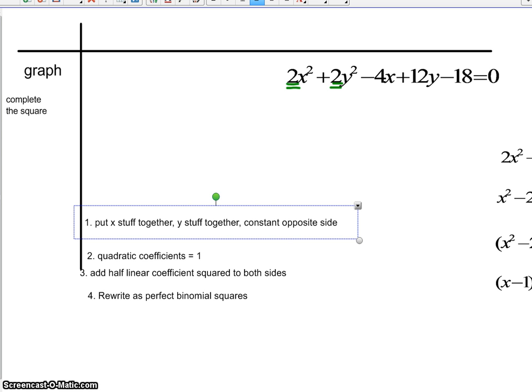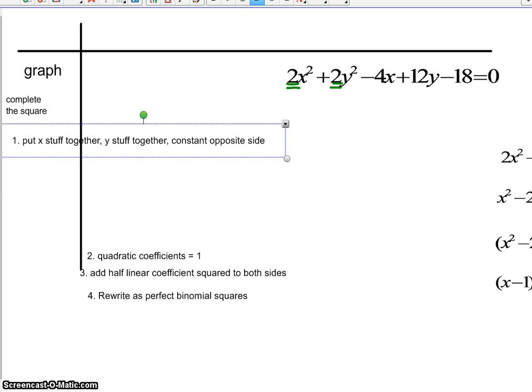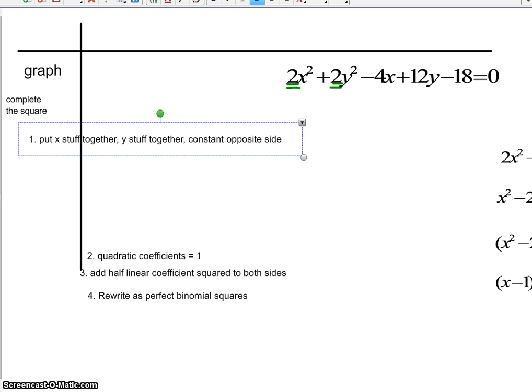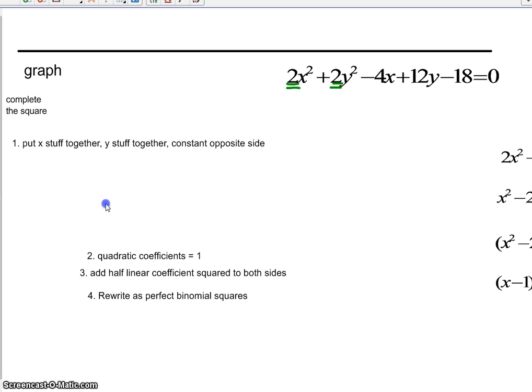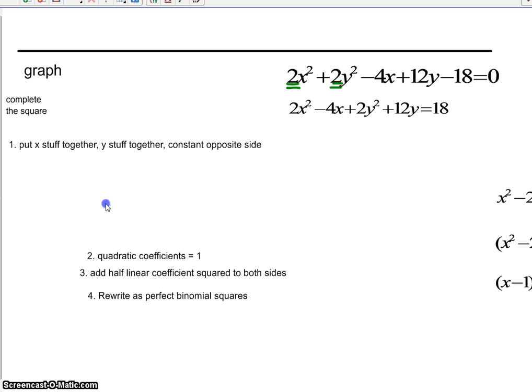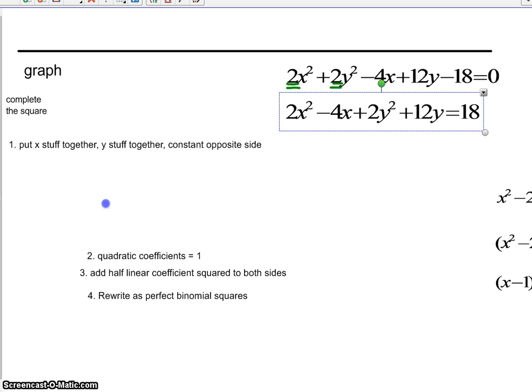Okay, the number one thing we have to do when we complete the square is we need to put our x stuff together, put our y stuff together, and take our constant to the opposite side. So what I did was simply take the 4x piece and move it over here along with the sign to get my x pieces together.